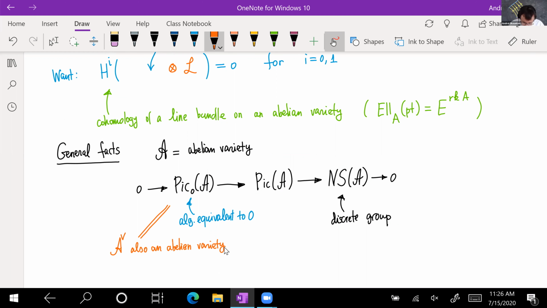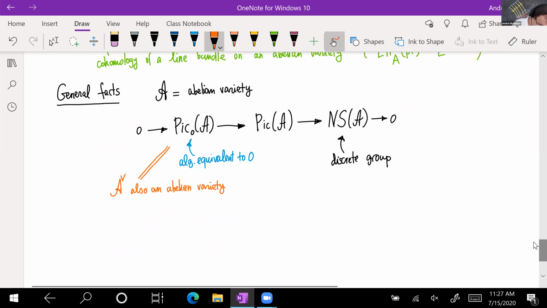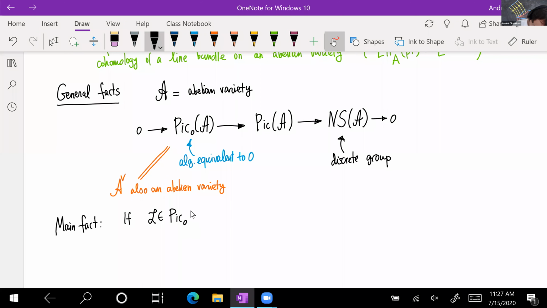And the main result about the cohomology of line bundles, main fact, is that if you have a line bundle of degree 0, and it's not trivial.